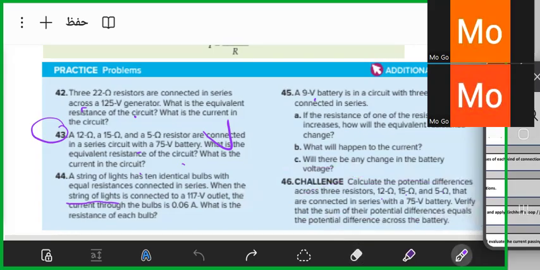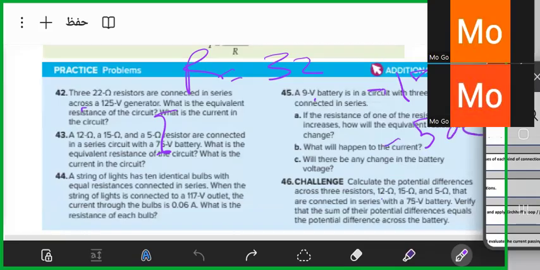Let's see here. This question changed a little bit from question 34. Total resistance was 32. Let's calculate the R first, and we will calculate the potential difference for 12 ohm, 5 ohm, and 15 ohm.